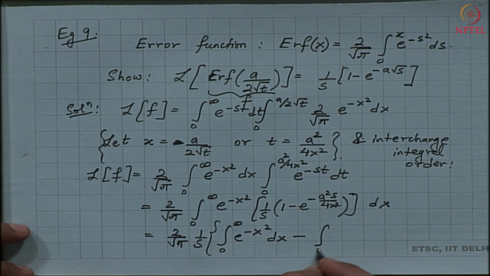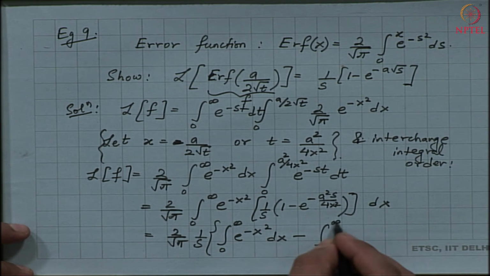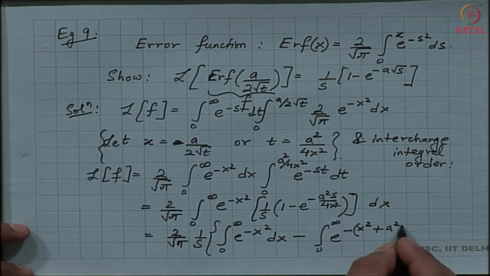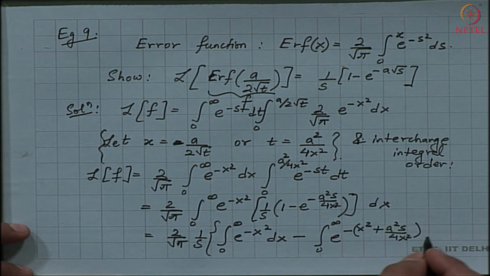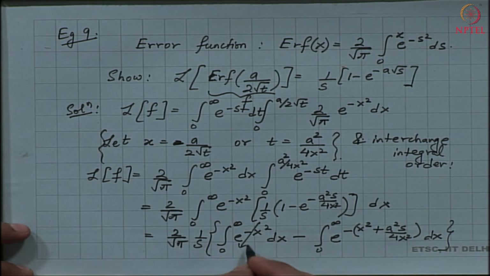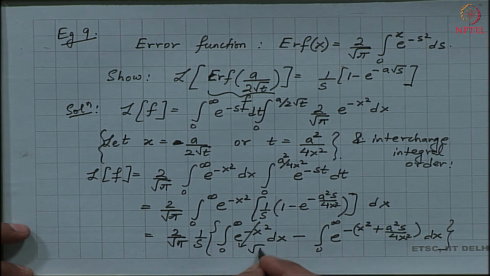minus the integral from 0 to infinity of e to the power negative x square plus a square s by 4 x square dx. So, this one I can immediately find that the value of this is square root pi by 2, and I have to evaluate this other integral.